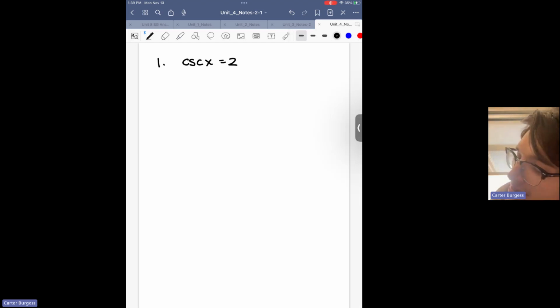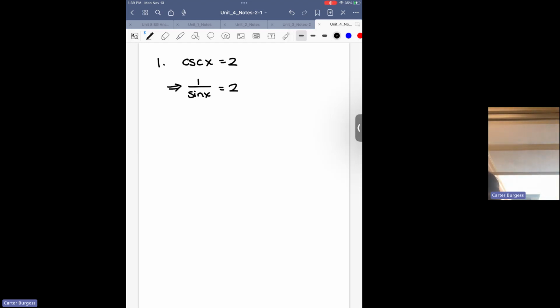So how could I rewrite this expression in terms of sine and cosine? Absolutely. 1 over sine of x is equal to 2.